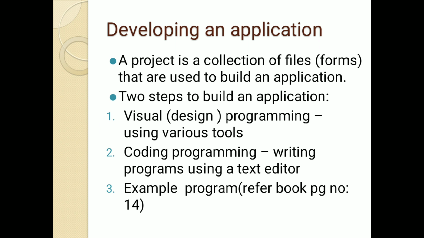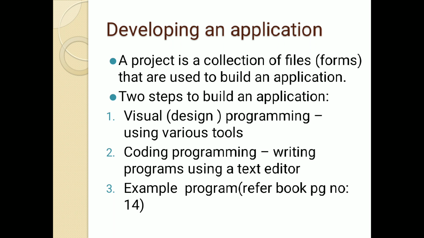Then developing an application. So what are all the ways you have to follow for developing an application? So first one is, what is the project? It is a collection of files. That means it is a collection of forms that are used to build an application. So you have to enter so many values for an application. So each form can get some values for an application.